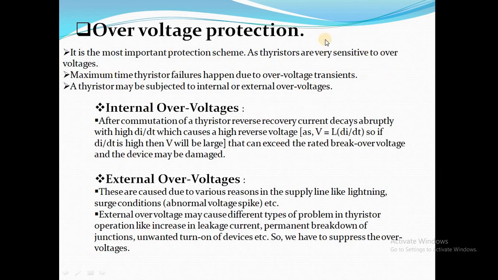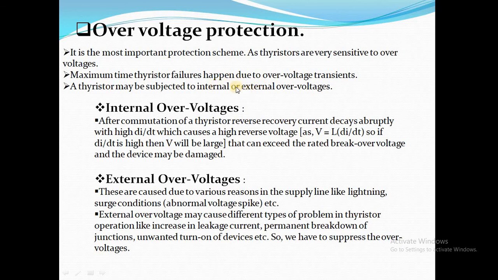When over voltage occurs at the SCR, the thyristor may be subjected to two types of over voltages, internal over voltage and external over voltage. Due to this over voltage, the SCR may get damaged permanently.